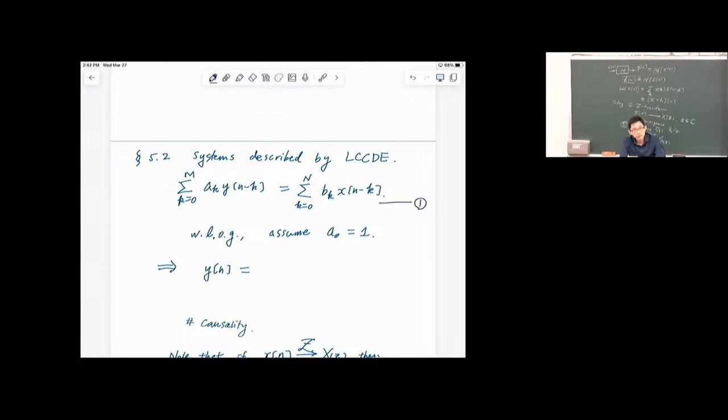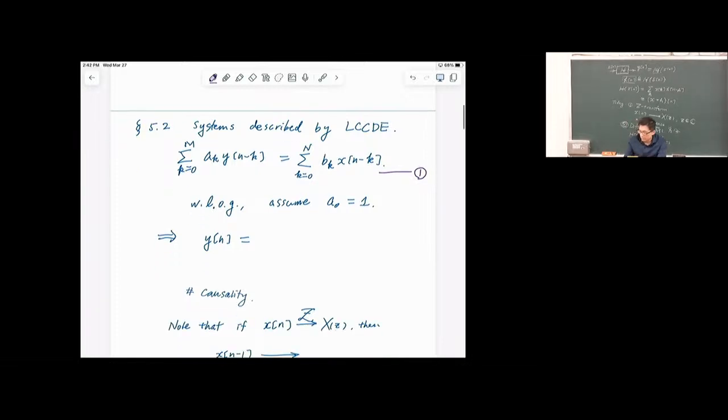So let's first suggest that without loss of generality, this is a very convenient term, we can assume A0 to be 1. Normalize the first factor, A0 here.